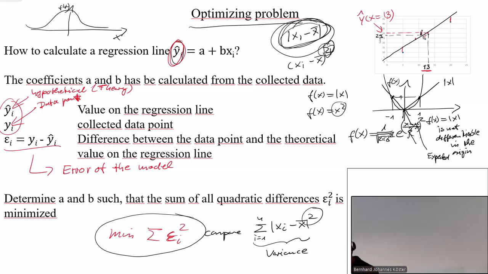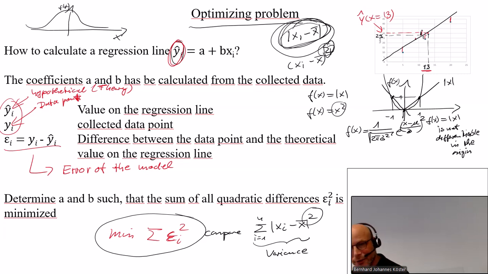Again, then I do it a little bit larger. So f of x is 1 over square root of 2 pi sigma squared times exponential of x minus mu over sigma.